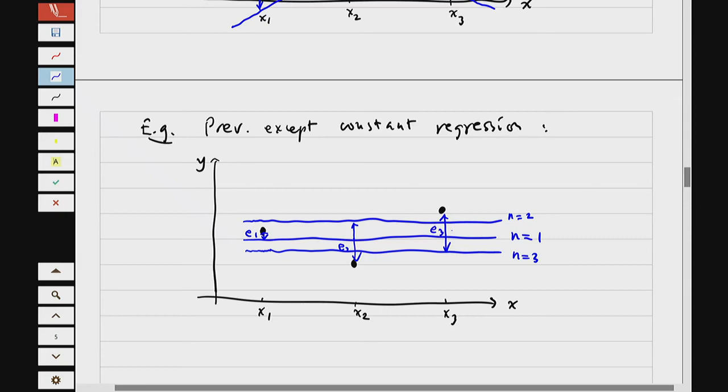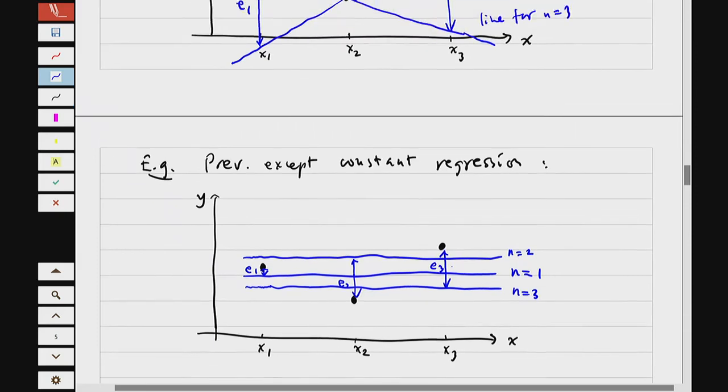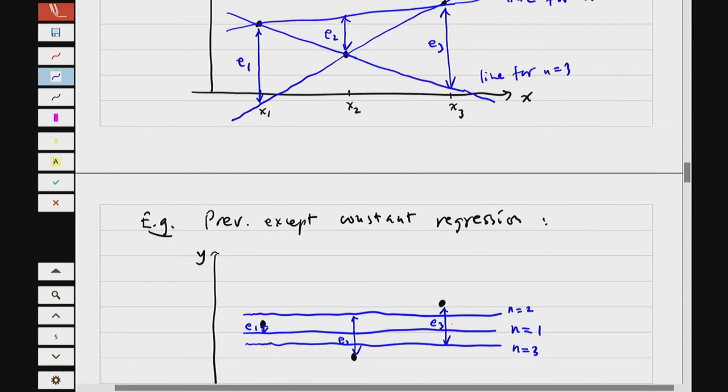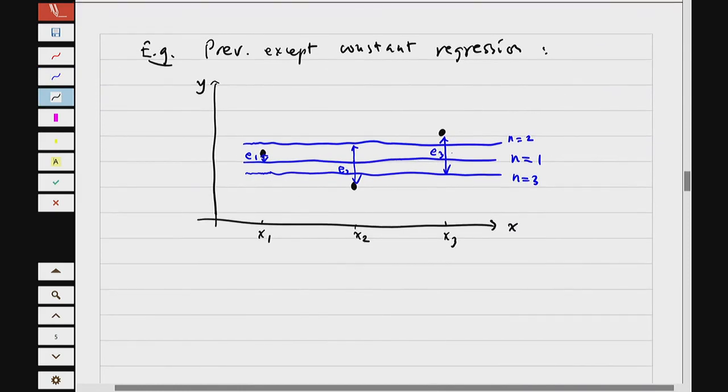So if you compare these two cases, which model will you choose? Clearly the constant regression, smaller cross-validation error. So this one has smaller ECV.